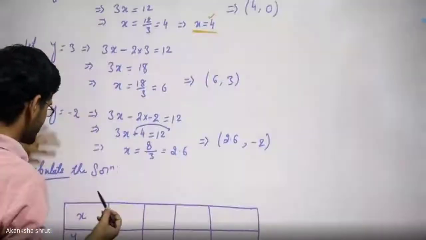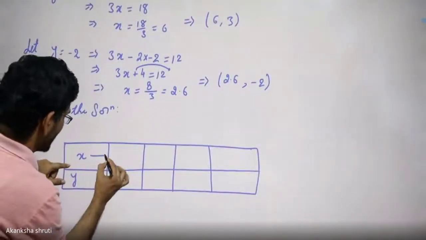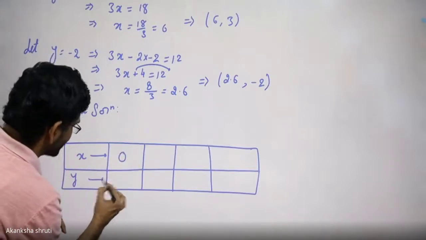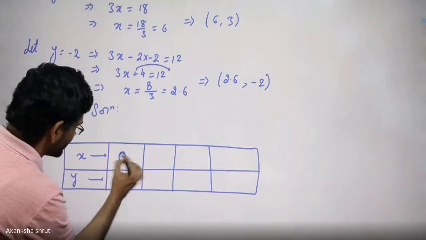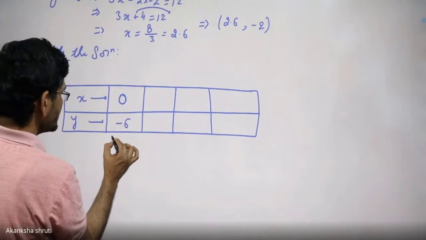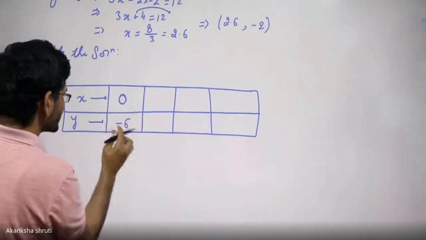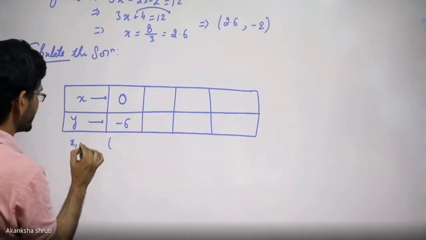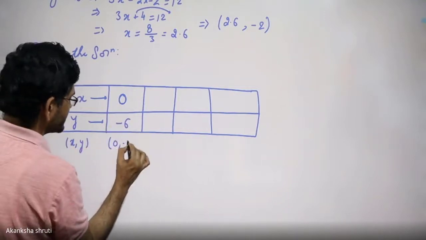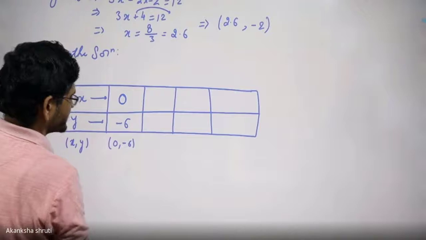So in place of x, whatever the x value, we will write here, it was 0. The y that we calculated while x was 0 was -6. So be careful. The coordinate is xy. So the pair that we are writing is always x and y. That's why we have taken this as 0, -6.